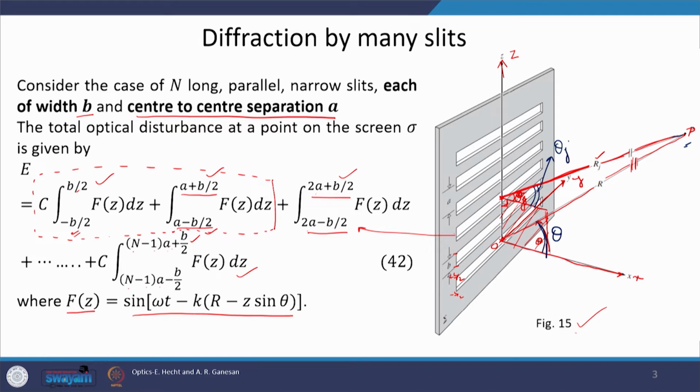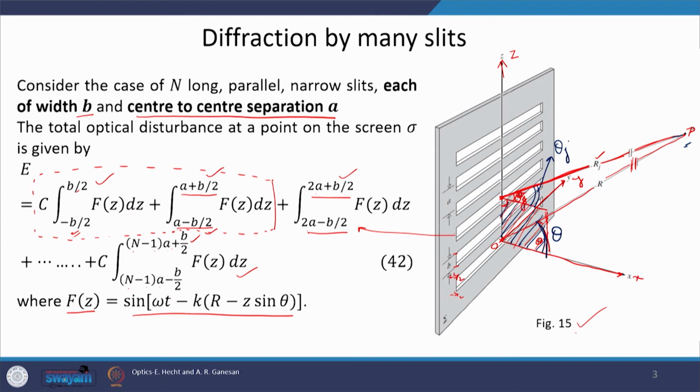slits are there, this aperture, all these slits, as compared to the distance between the slit and the point of observation would be very small. Therefore, we may assume that slits are so closely spaced that the angle subtended by a line starting from the center of each slit to the point of observation P is the same angle with the xz plane, this plane.